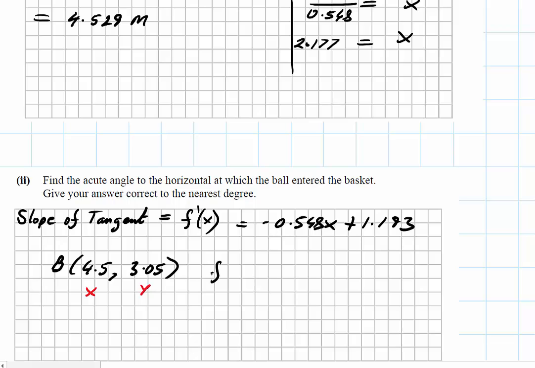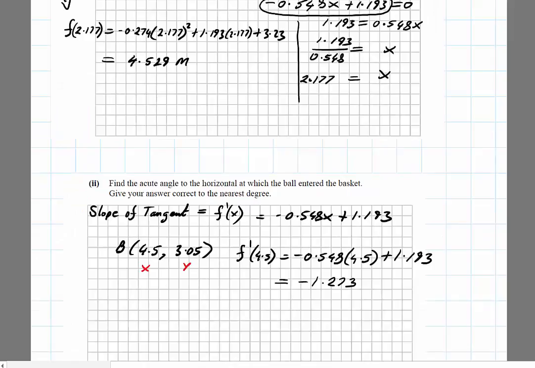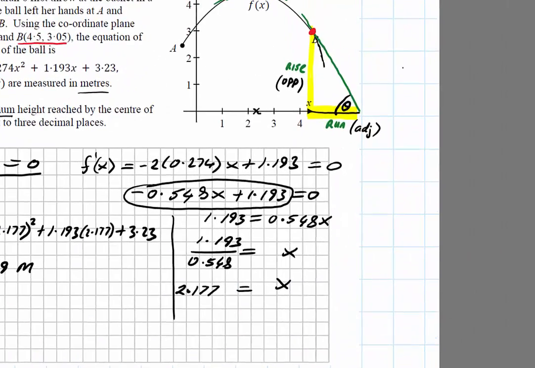So we're looking for f' of 4.5, which is minus 0.548 into x, which is 4.5, plus 1.193. And if you work that out on the calculator, it gives us minus 1.273. Now, from our knowledge of the diagram, we know it's an acute angle we're looking for, theta.